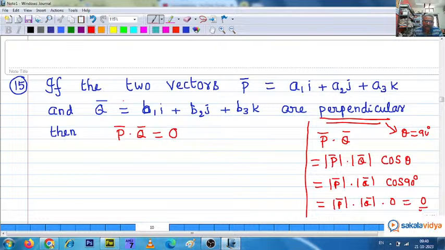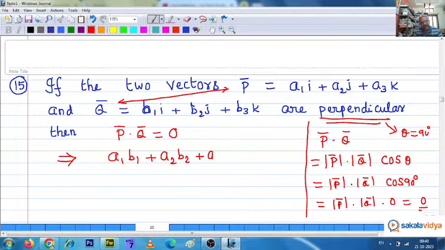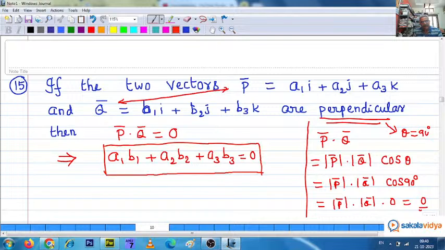Now we need to find out P dot Q, and it is being equated to 0. So therefore you get a beautiful condition, that is A1 B1 plus A2 B2 plus A3 B3 is equal to 0. This is the condition that these two vectors are mutually perpendicular to each other.